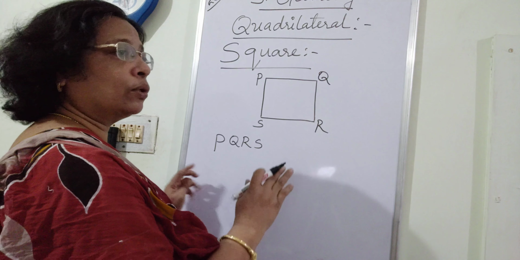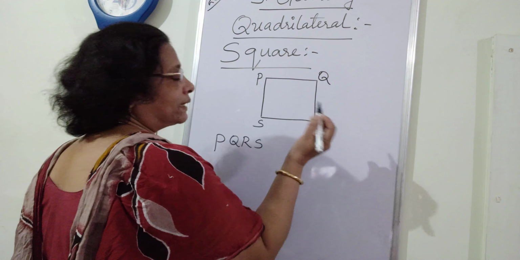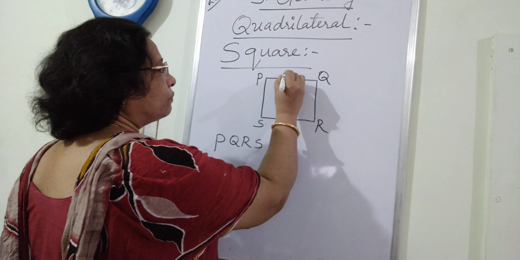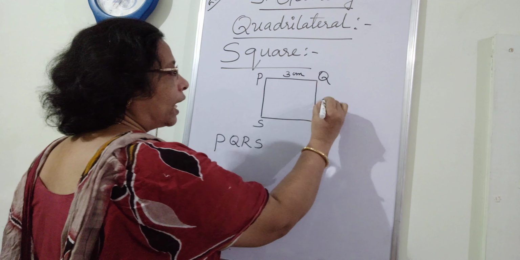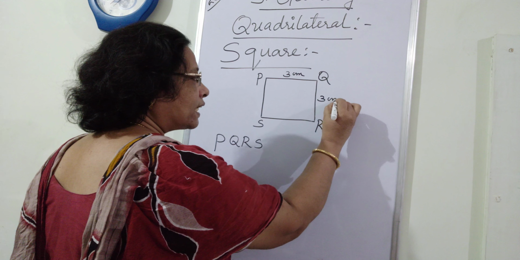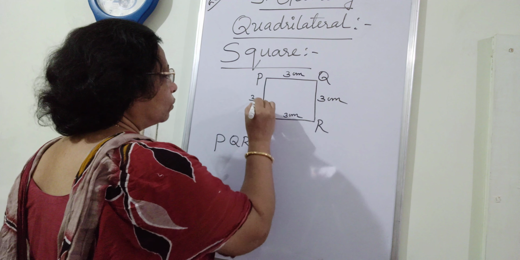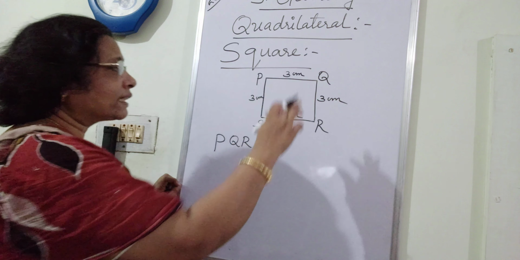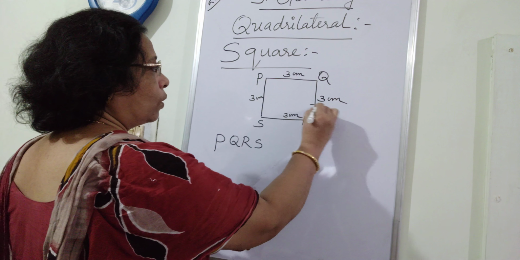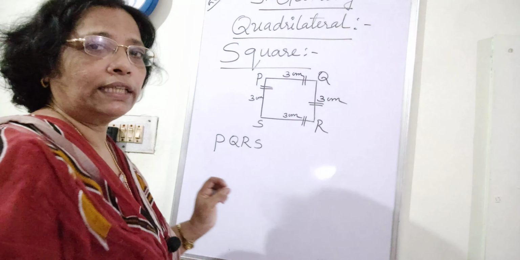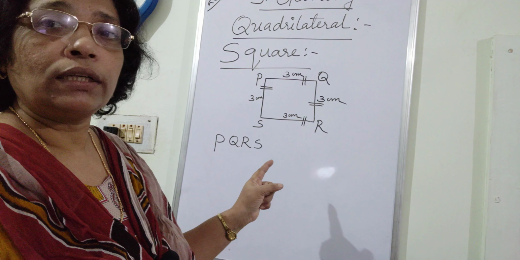If you measure by scale, then you can see all the sides are equal. Suppose it is 3 centimeter, and this also how much? 3 centimeter, and this also 3 centimeter, and PS also 3 centimeter. All the sides are equal. Then that figure, that rectangle, is called a square.